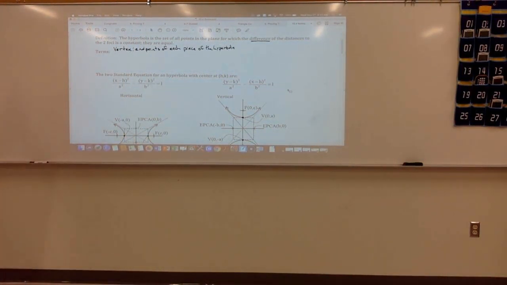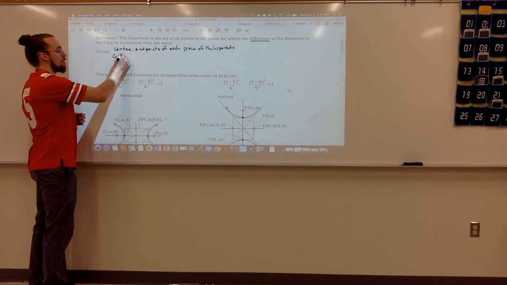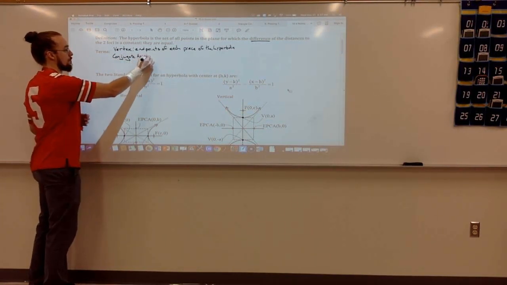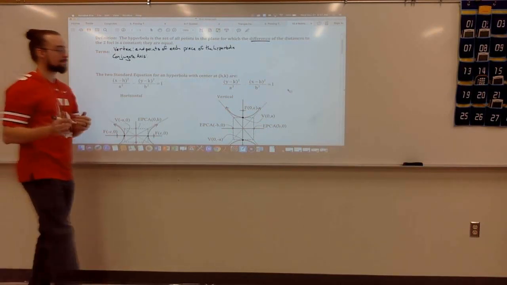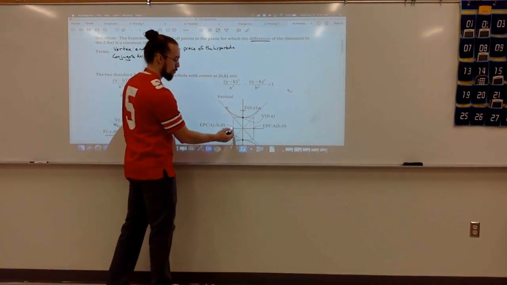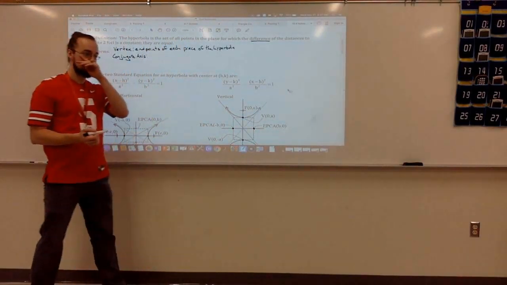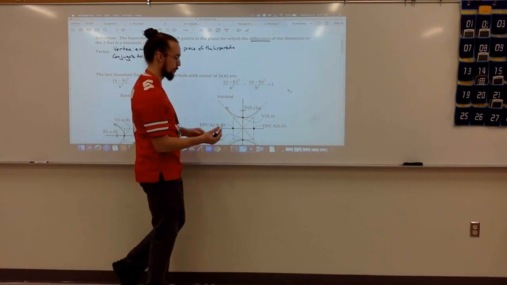Now, a couple of new terms. The conjugate axis. We'll talk about how to make this box down here on the graph in a second.